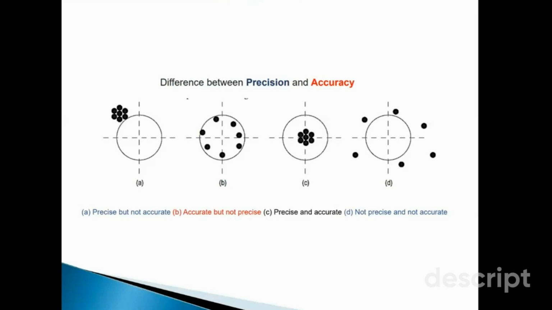In the second diagram, the scattering is very near to the true value, but it is not in a cluster, not at the same point. That means your instrument is accurate but not precise. The third shows that all the measurements are very close to the true value and closely spaced. That means it is precise and accurate. The fourth one is neither precise nor accurate. So this is the difference between precision and accuracy.